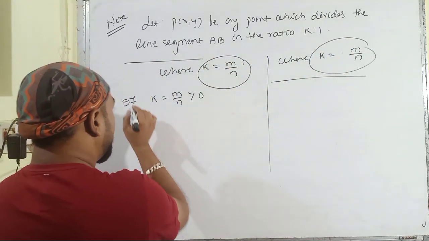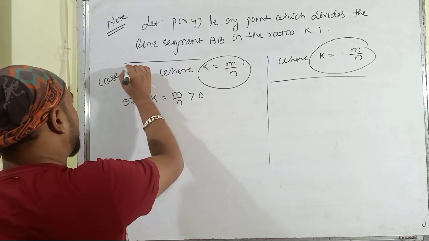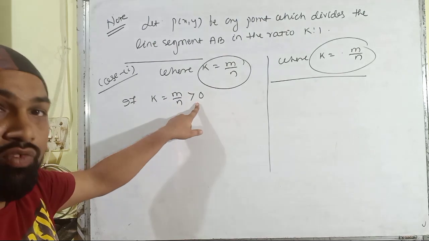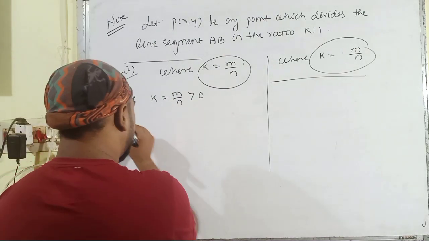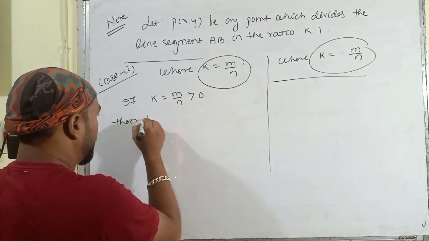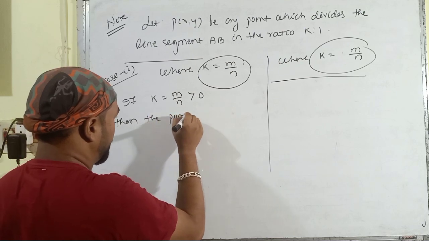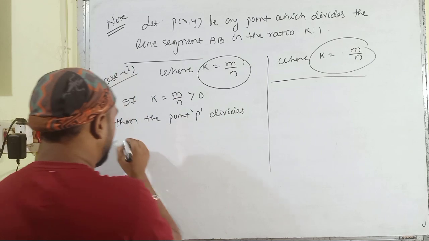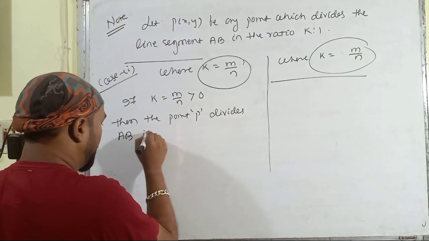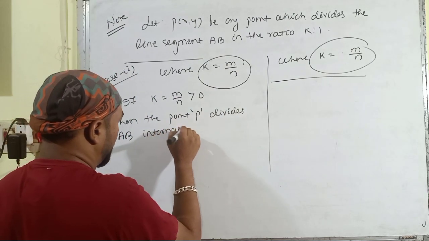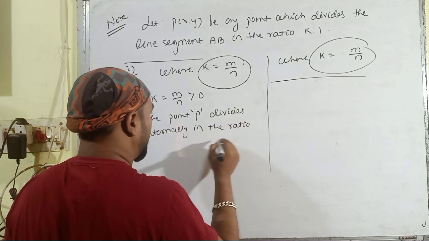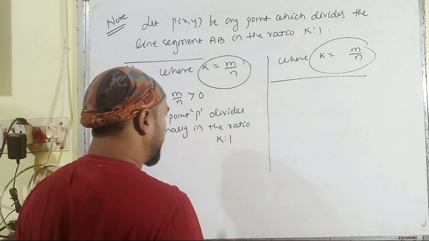But in case number 1, if k is equal to m upon n is a positive value, then the point P divides AB internally in the ratio k is to 1.